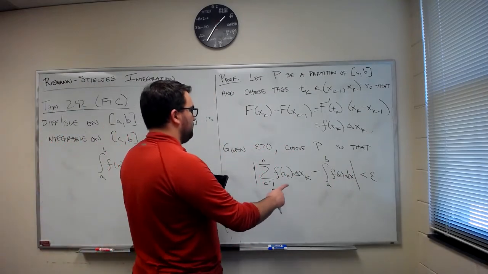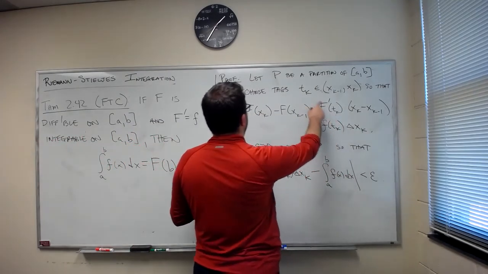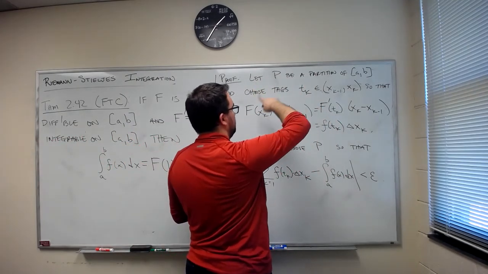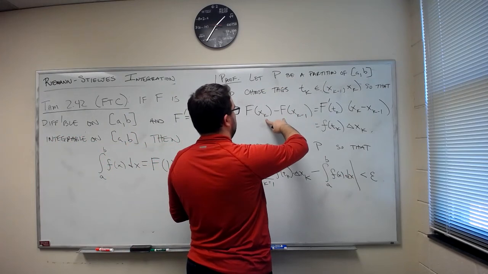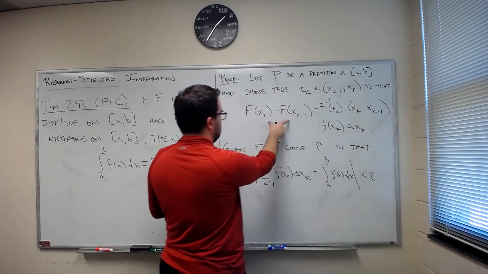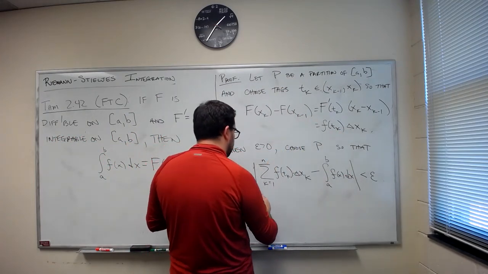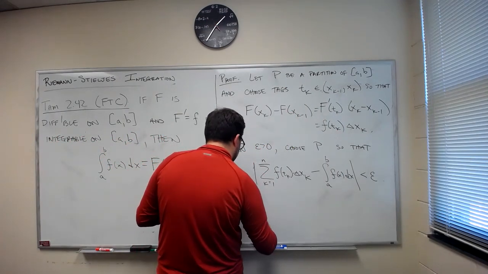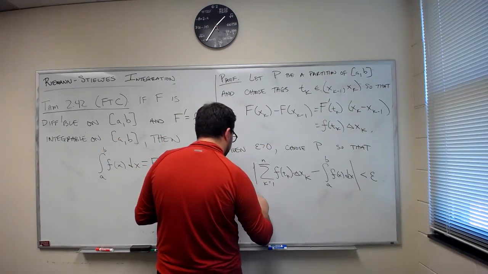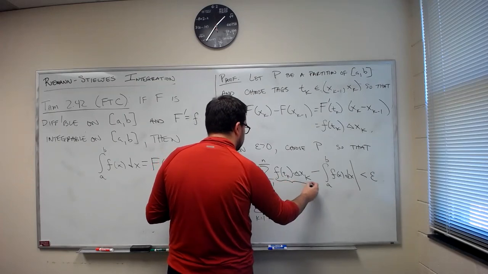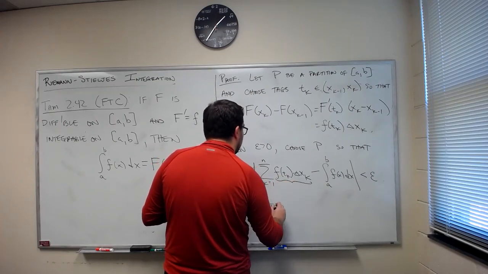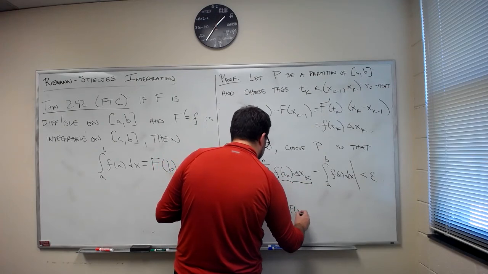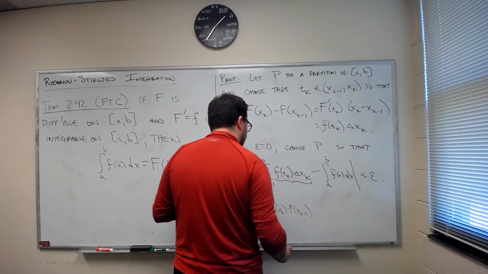Right. But now I want to note that this statement up here was true for any partition, right? So I can take this and substitute here for this. So this is actually the sum from k equals 1 to n, where I'm going to replace this with f of x_k minus f of x_{k-1}.